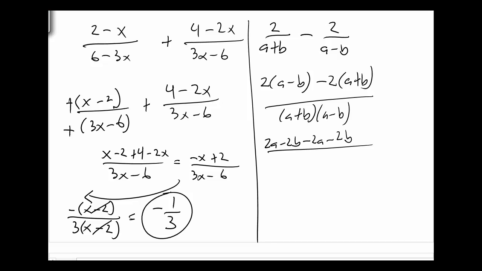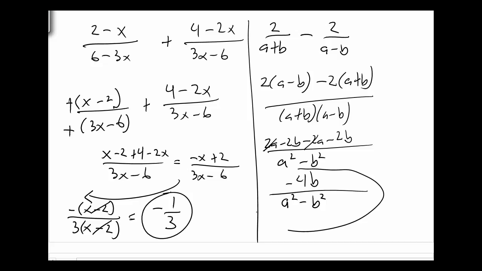And in the denominator, I see that we have the difference of two squares pattern, so a squared minus b squared. Write that a so it doesn't look like a 9. Alright, what do we have in the numerator? Like terms, the a's are gone, leaving me with negative 4b up top and a squared minus b squared. So that would be our simplest form.